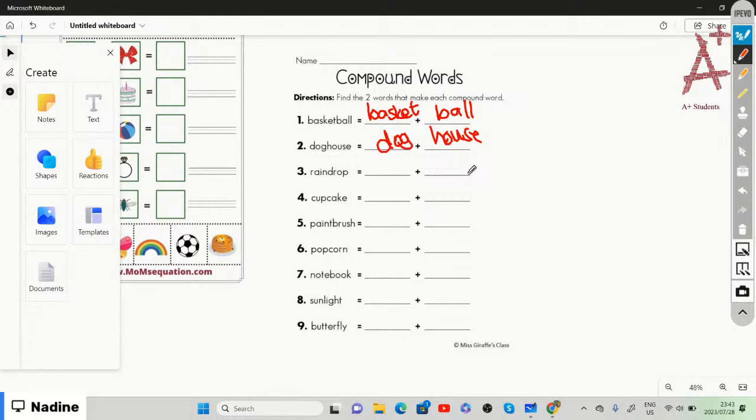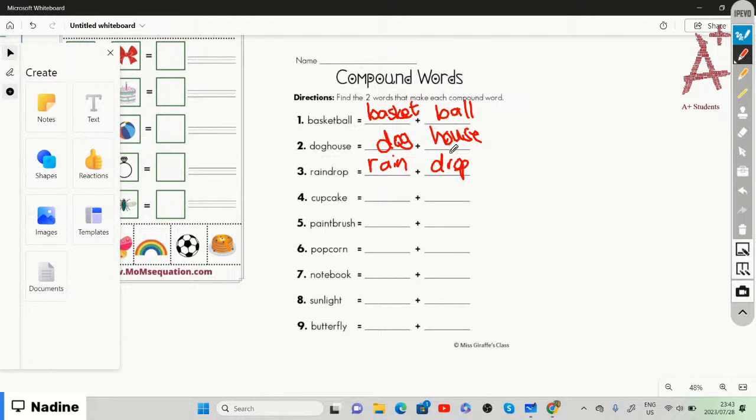Then we have rain plus drop. If we separate those two words, then we can say it is rain plus drop, which equals raindrop.